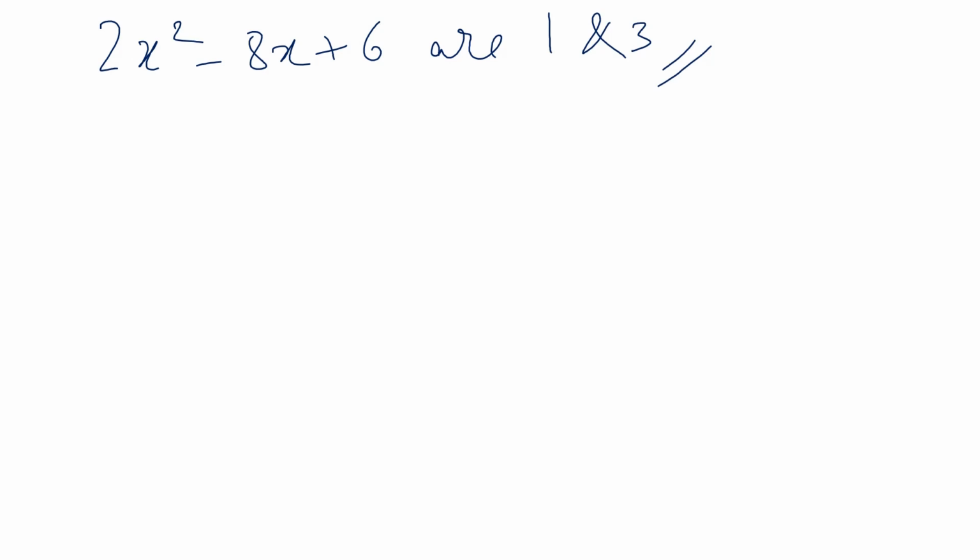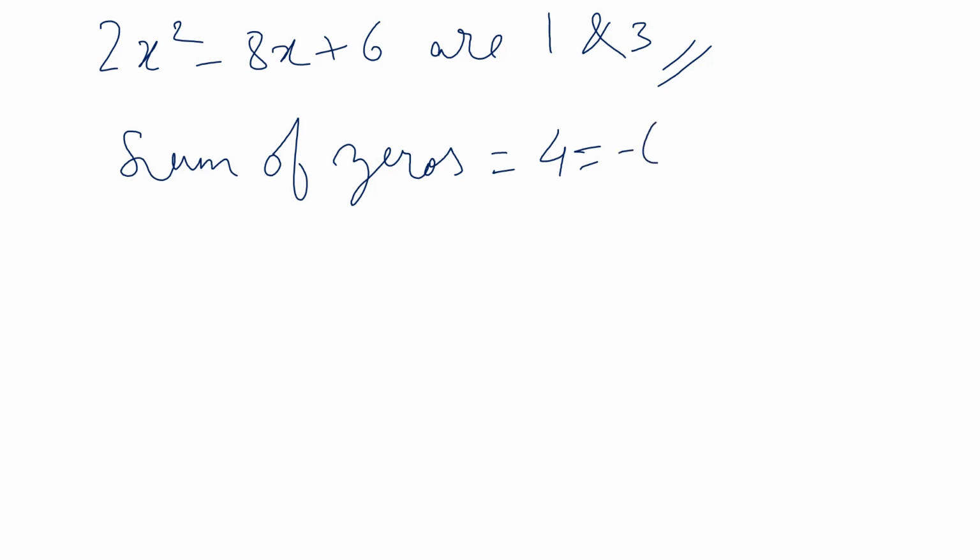Now if we take the sum of these two zeros, what we get is 4. 1 plus 3, which is equal to 4. We can write this 4 as minus into minus 8 by 2 for our convenience.